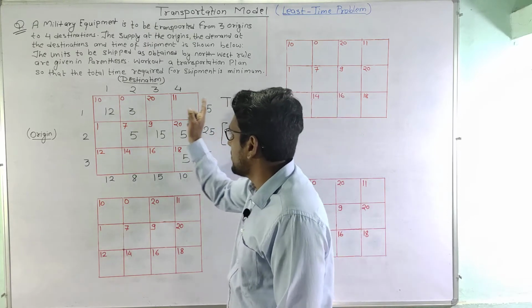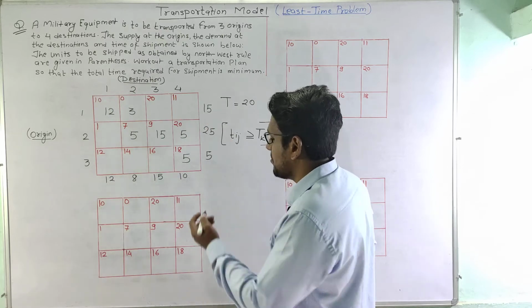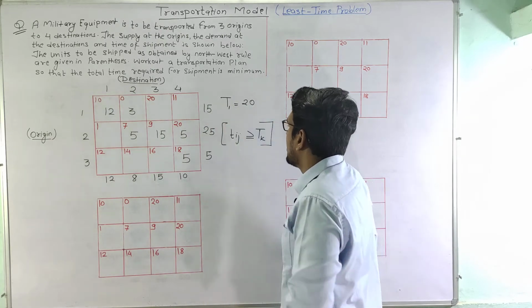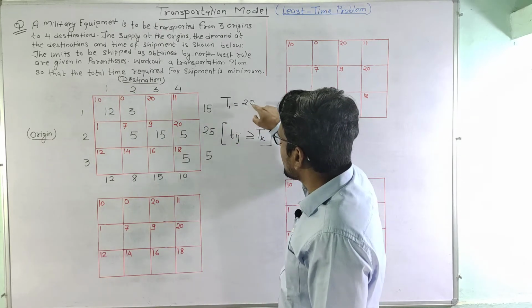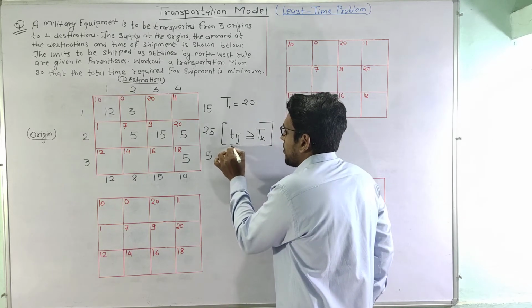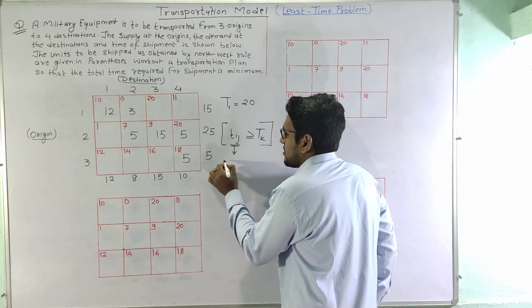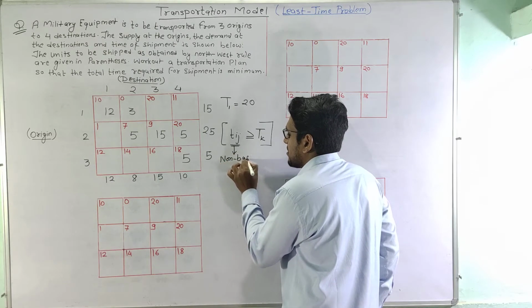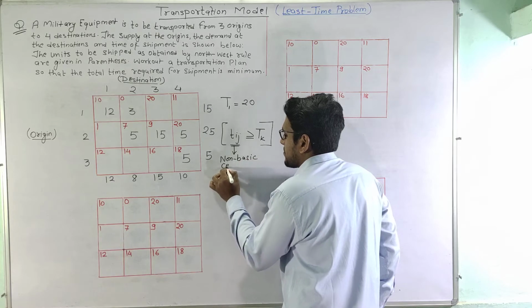For the first matrix this will be T1, and here T1 is equal to 20. Tij is for non-basic cells.